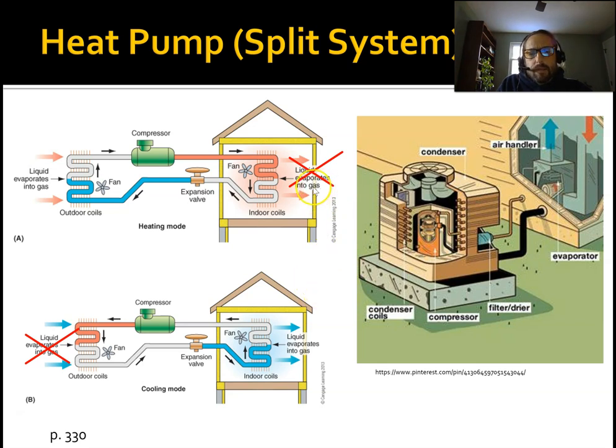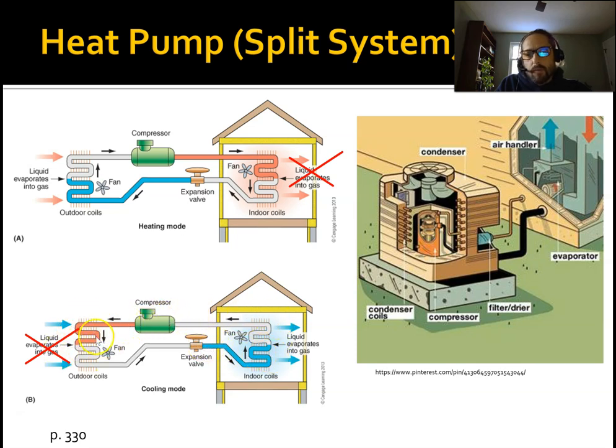As I was saying, when you evaporate, you pull heat from the air around it, right? So when a heat pump is in cooling mode, it's pulling heat from around the indoor coils, and then that fan is blowing that air across the cold coils, and then it goes back outside through the compressor.